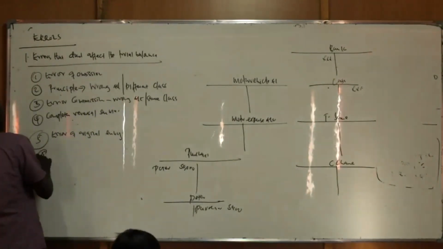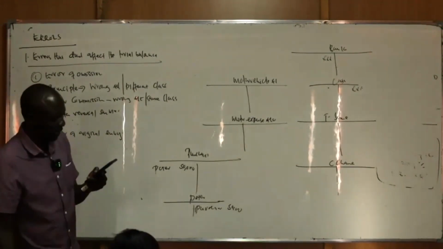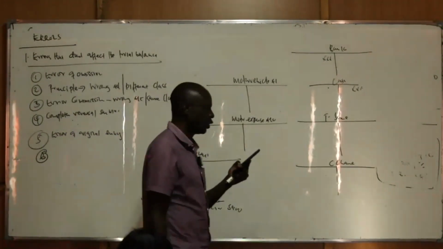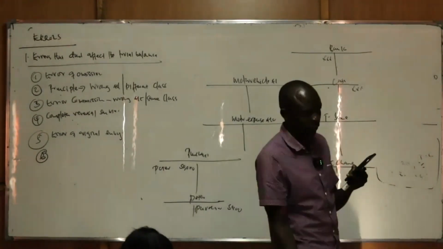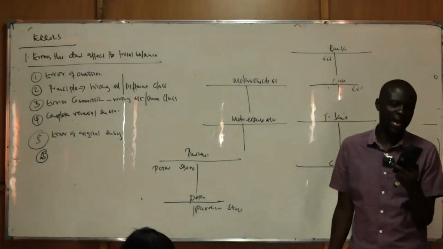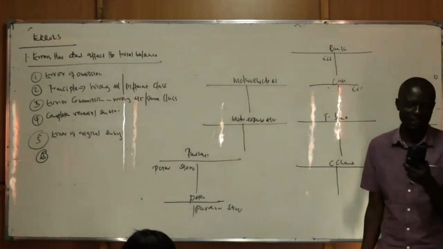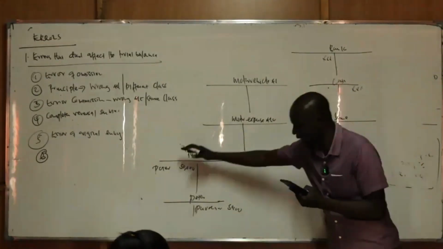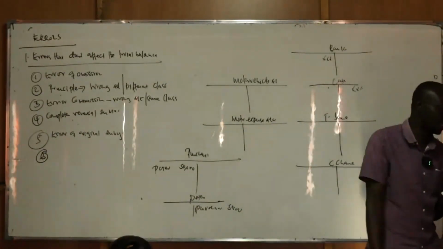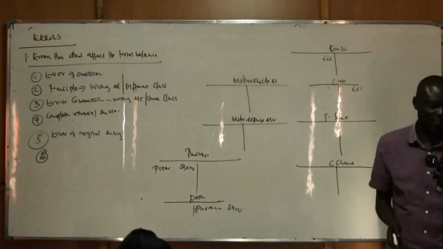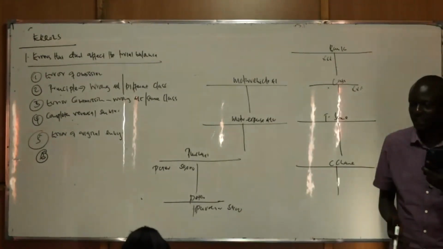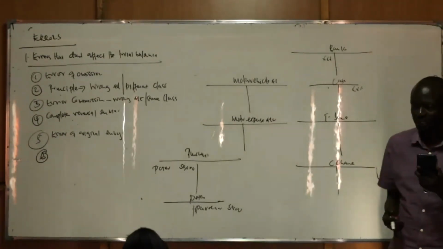Then number 6, we have compensating error. These are errors which tend to cancel each other. I.e., if the effect of the error is to understate the debits, if one error understates the debit, the other one overstates the credits. So they cancel each other. So one understates the credit and the other one overstates the debit, isn't it?